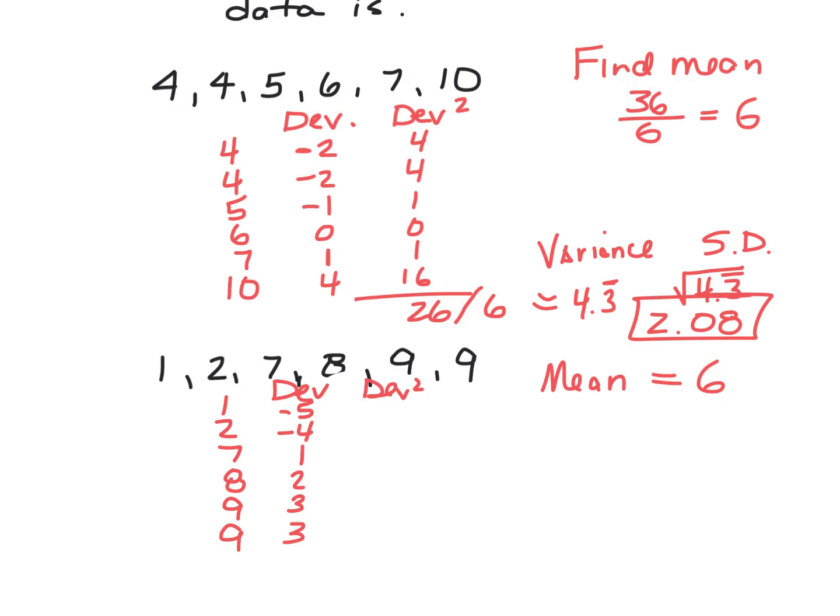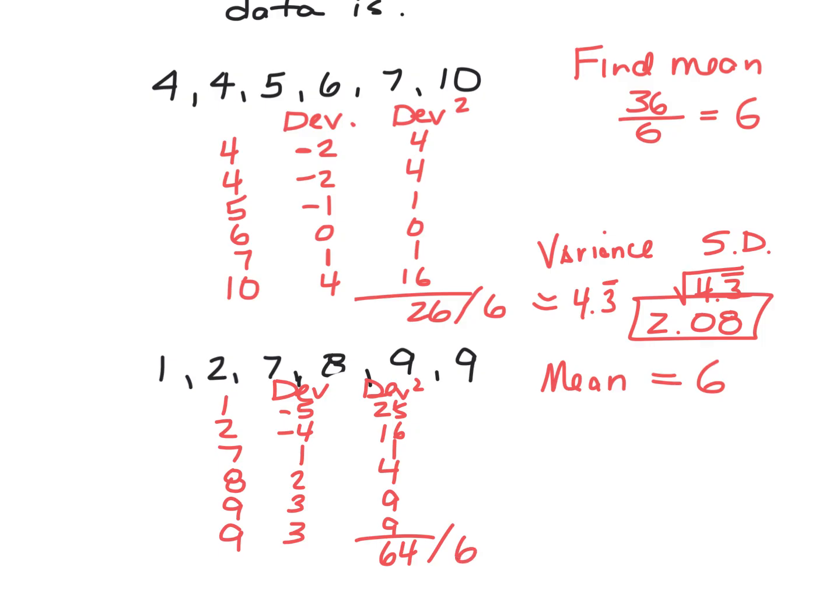Next column, I'm going to square all those deviations. So 25, 16, 1, 4, 9, and 9. Going to add this column up. 41 and 5 is 46, and 18 is 64. I'm going to take 64 and divide by 6 because there are 6 numbers in the list.